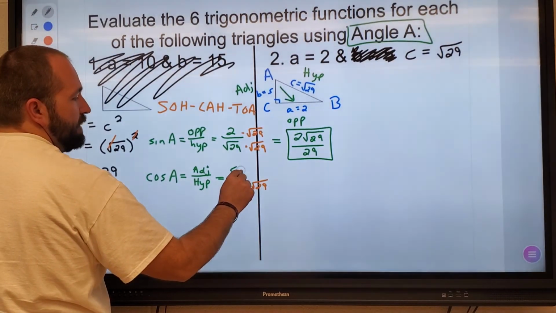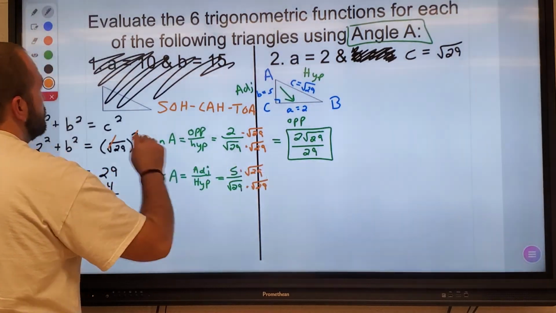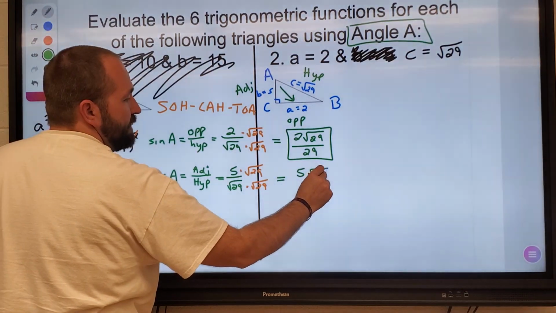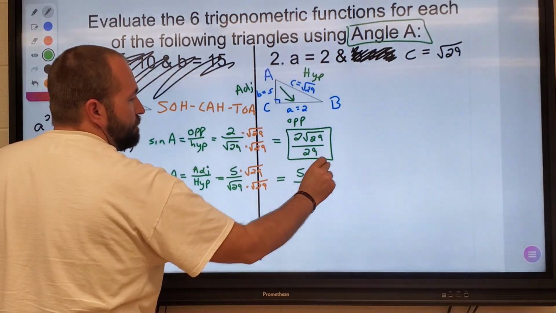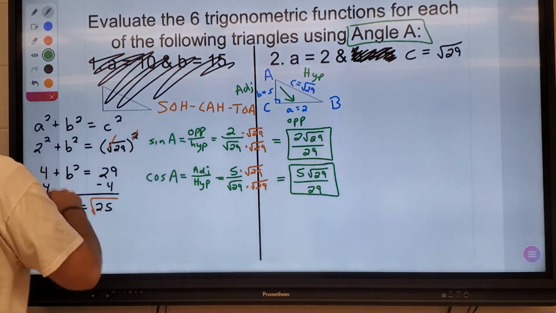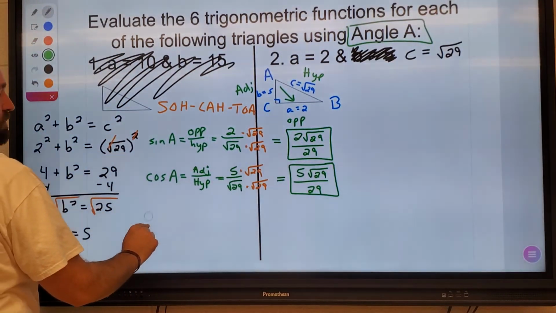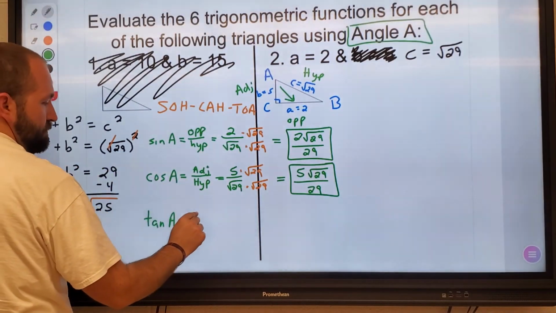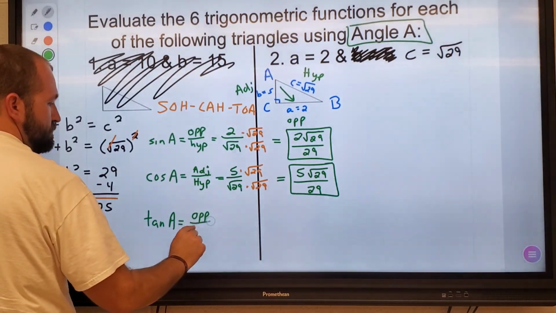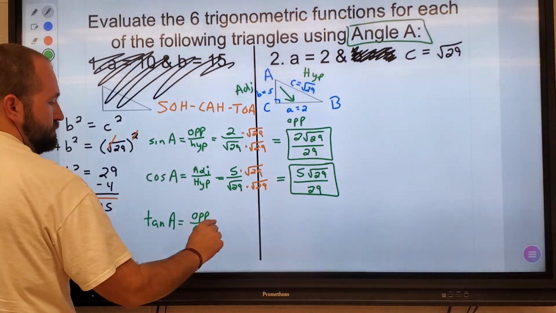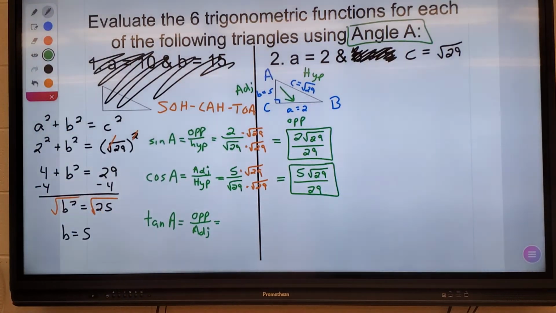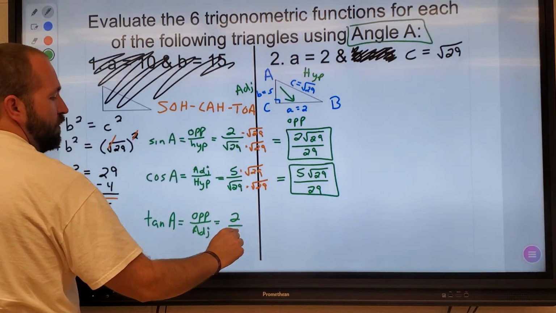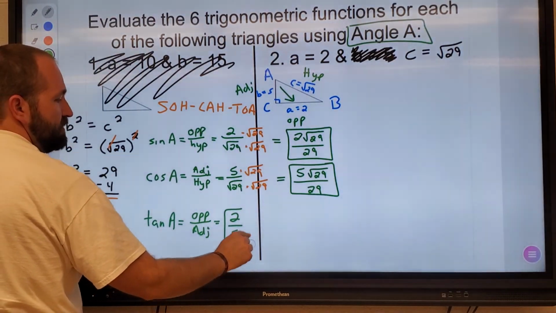So multiply the top and the bottom by the square root of 29, which is going to give me 5 square root of 29 divided by 29. Tangent of A is the opposite divided by the adjacent. The opposite here is 2. The adjacent is 5, so it's 2 over 5. And you can't simplify that, so it's done.